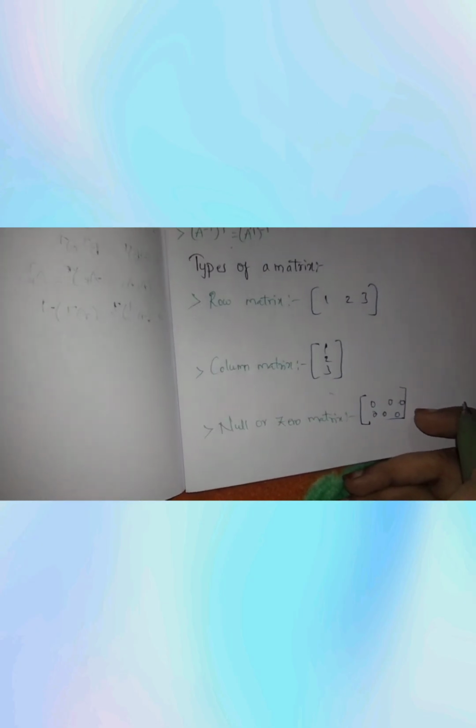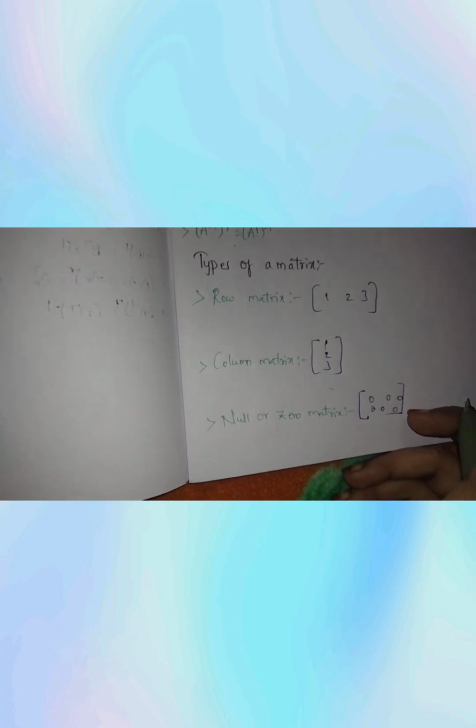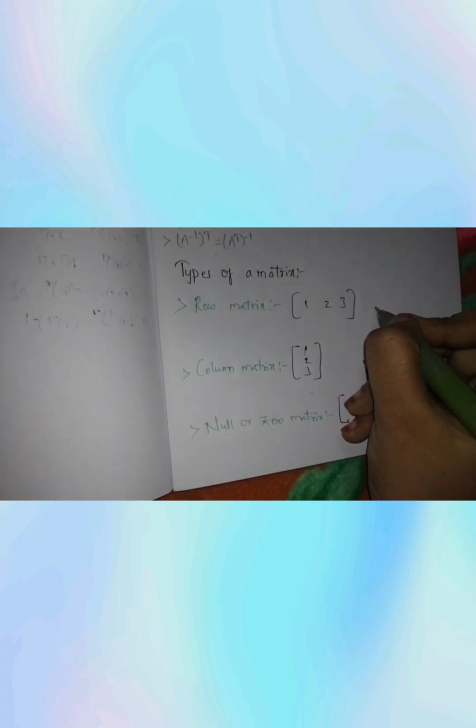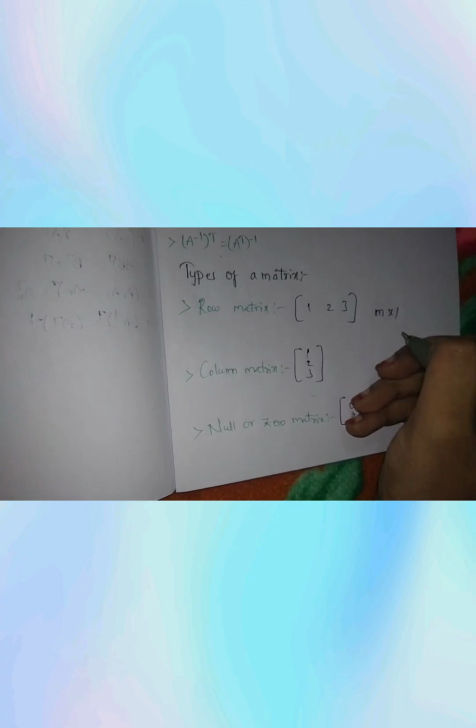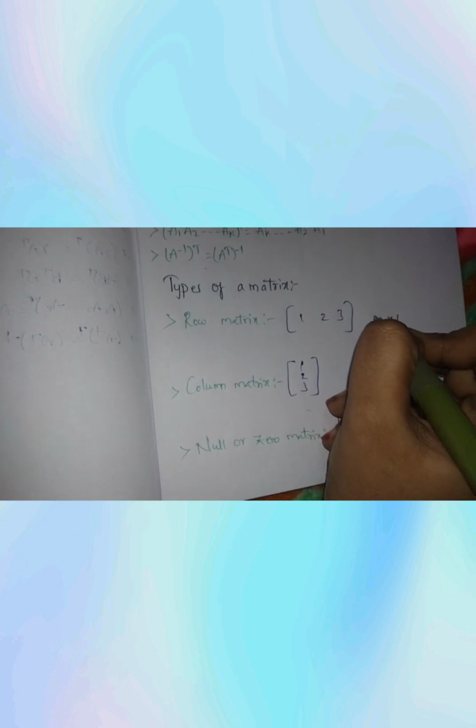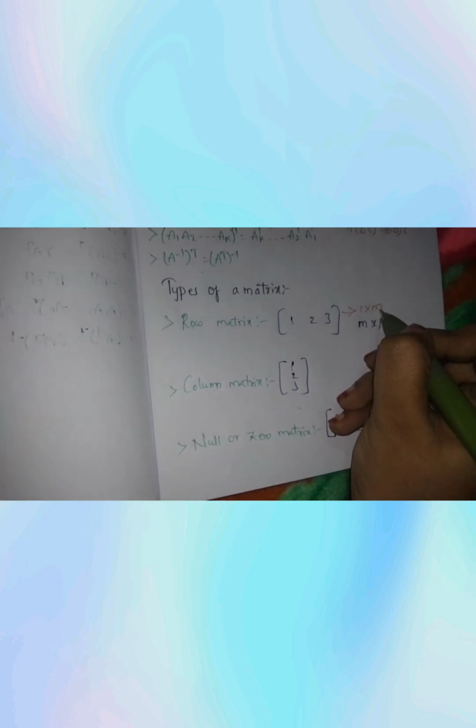So a row matrix is of order 1 cross m, and a column matrix is of order n cross 1, because we will always have one column.